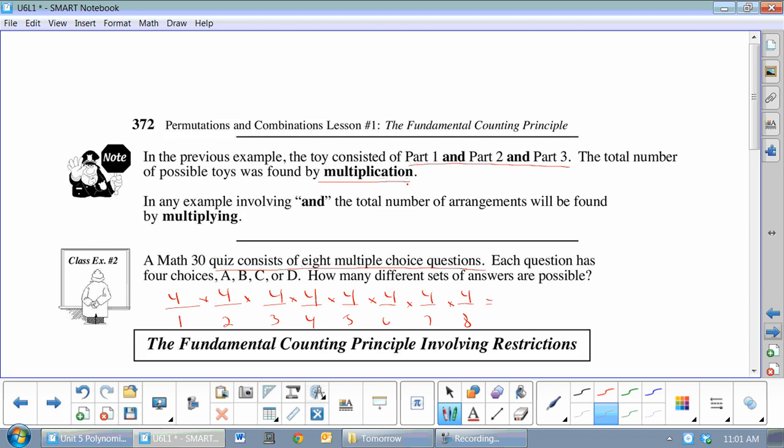I say, okay, you can do as many exams as you want. You can guess as many times as you want, and I'll give you the best mark. How many times would you have to do it, or what are the most possible times you'd have to do it before you got the one that was 100%? 65,536.